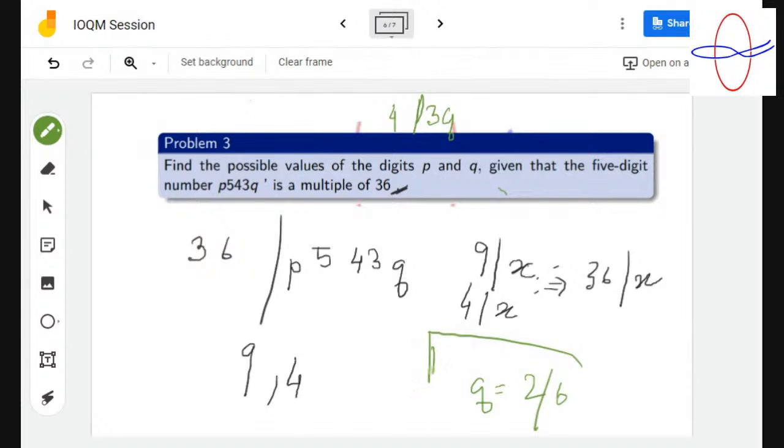Now we need to have 9 divides x. When is a number divisible by 9? Can you tell me?